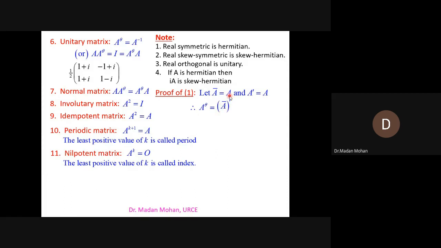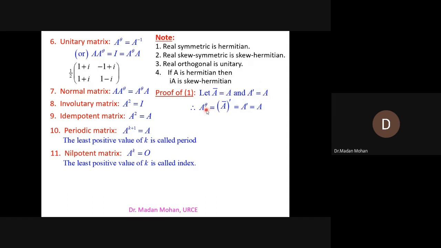Now I have these two equations. I can replace this A bar with A. I replaced A bar with A, giving A transpose. Now using the second equation, this A transpose is A. Finally, I showed A^θ equals A using these two equations. The first equation means real matrix, and this equation means symmetric matrix.